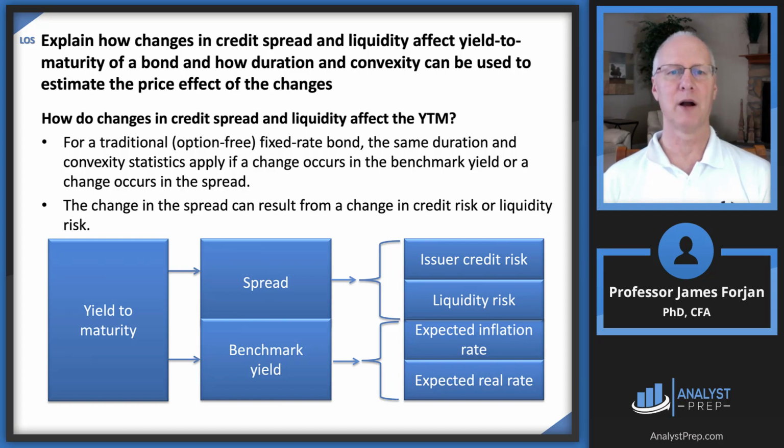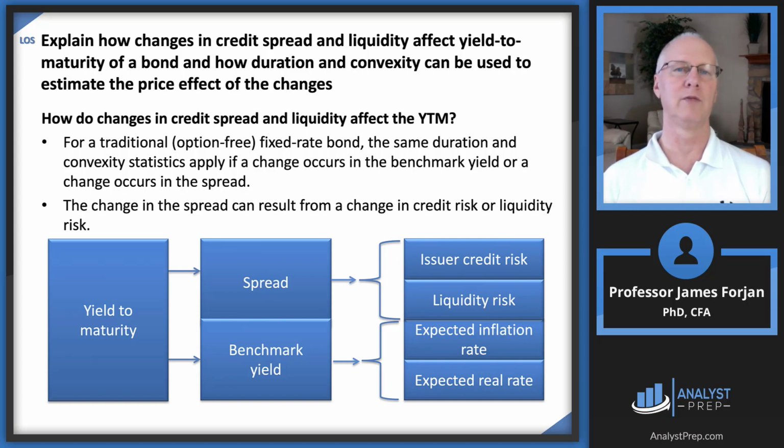And then let's talk about credit spreads here just quickly as our last slide. Explain how changes in credit spreads and liquidity affect the yield to maturity. All right, so what does this mean? Credit spread is just the difference between, let's say, our bond, the yield on each of the bonds in our portfolio, and maybe some other bonds, or maybe a government bond, or maybe a benchmark bond.